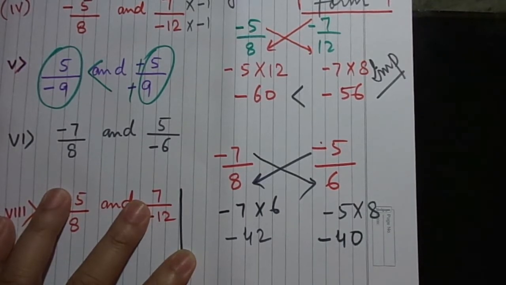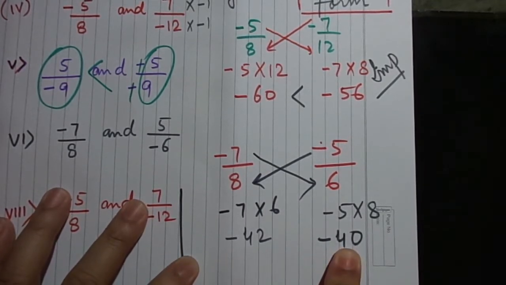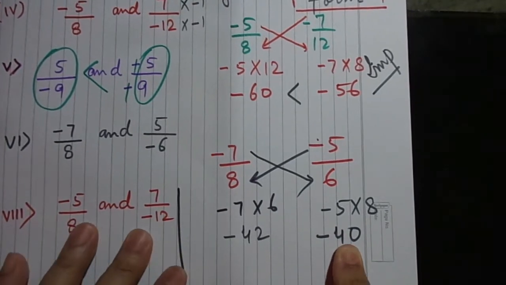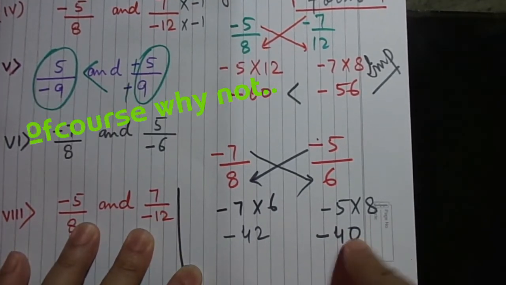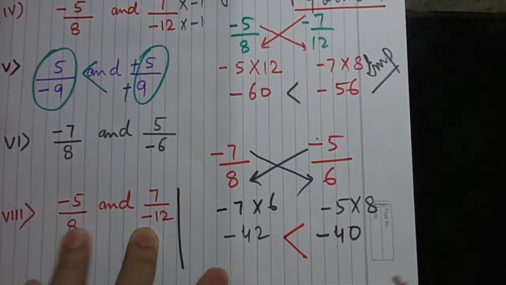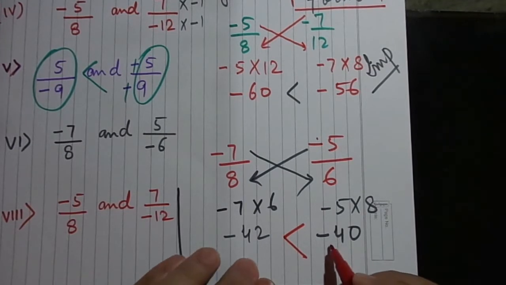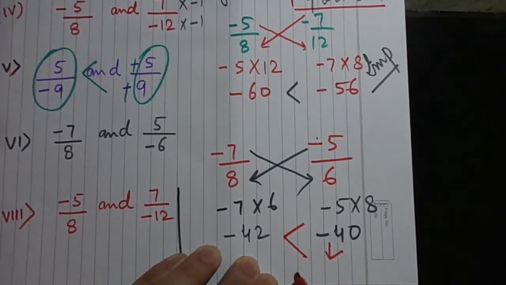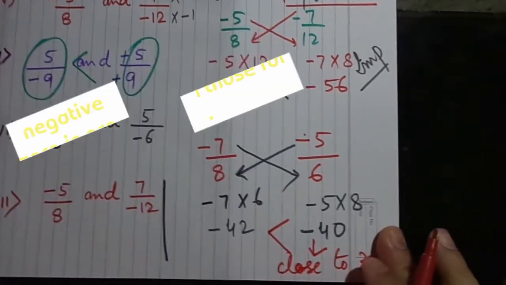Now can you judge which of them is greater? So the negative number having the smaller value is greater, so minus 40 is greater than minus 42. Why? Because it is close to 0. Clear?